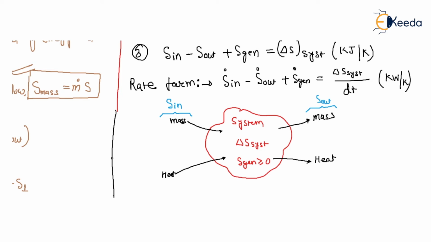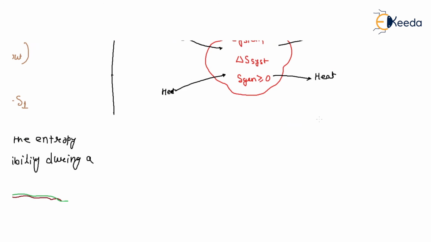So we see that entropy generation is due to irreversibility, or irreversibility caused by dissipative effects, that means friction like that, and these are the internal phenomena.